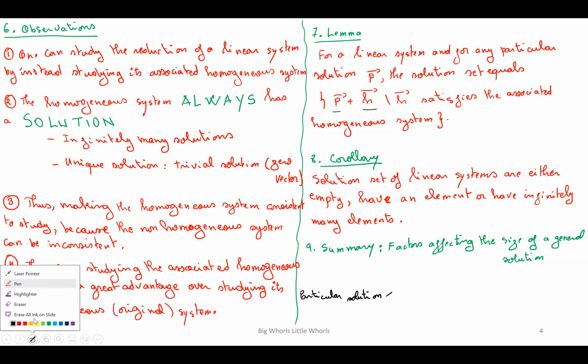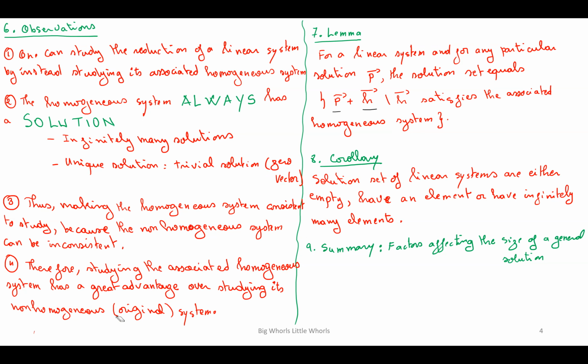Let me write it so that I can have enough space. We have the number of solutions of the homogeneous system.